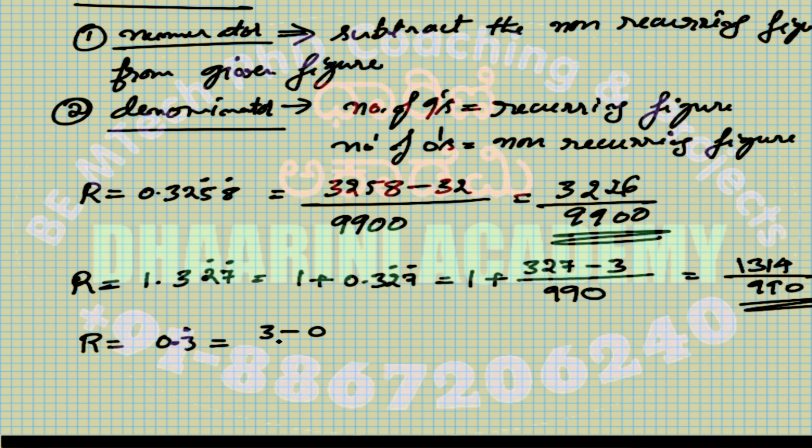So this is 3 minus 0, divided by nines equal to the number of recurring digits. There is one recurring digit, so that is 9. No zero comes into the picture, because you don't have any non-recurring digits. So this is actually 3 by 9, that is 1 by 3. We know that, so that's how you write it.